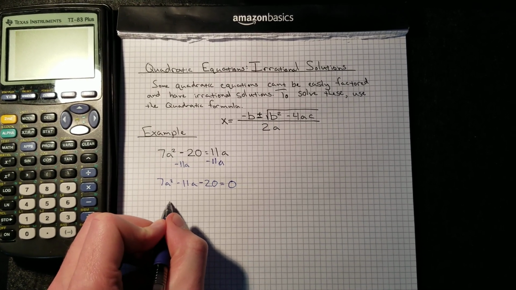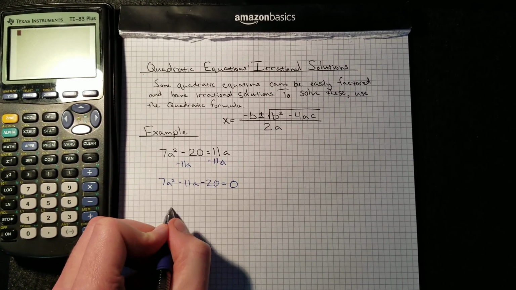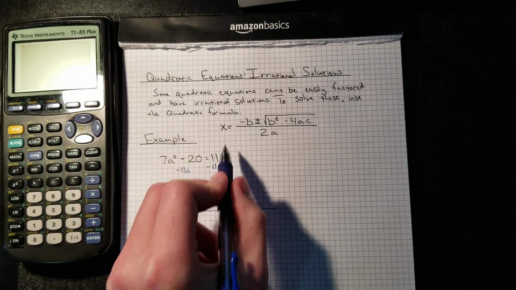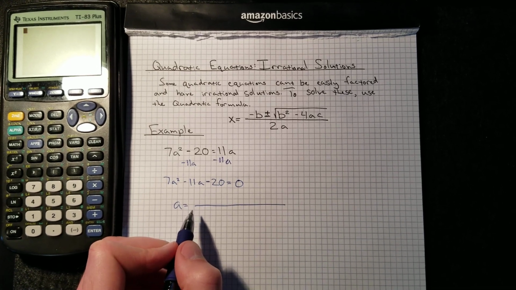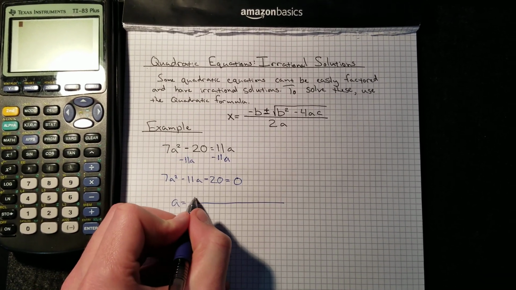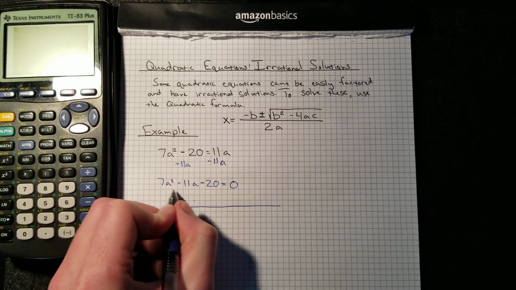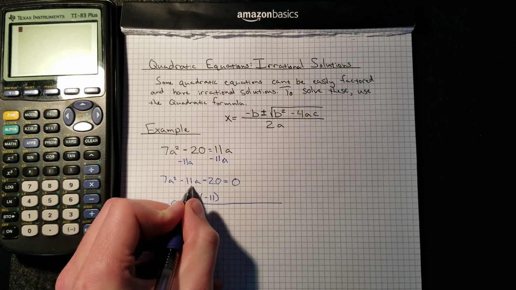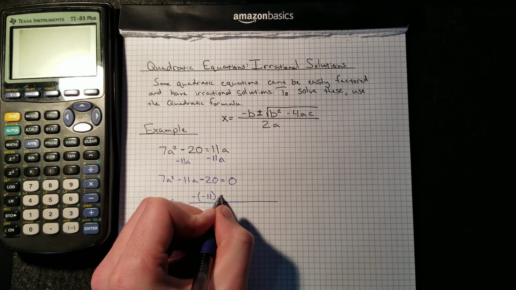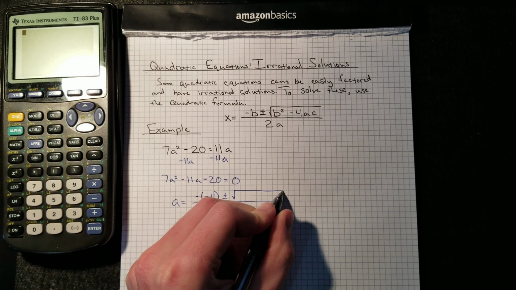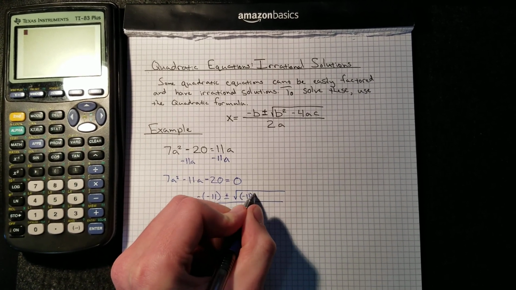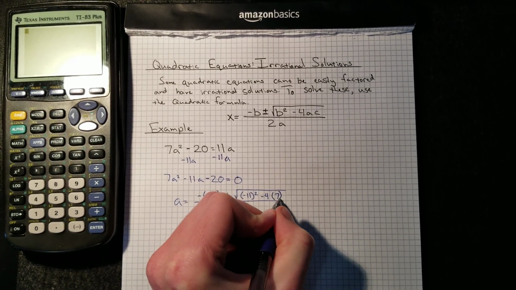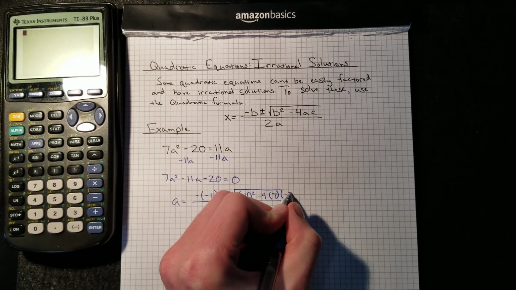Our variable here is an a, so we're going to have a equals. We don't need to use x, we use the variable from the equation. A equals, negative b is negative 11, so negative 11 plus or minus the square root of negative 11 squared minus 4 times 7 times c, which is negative 20.